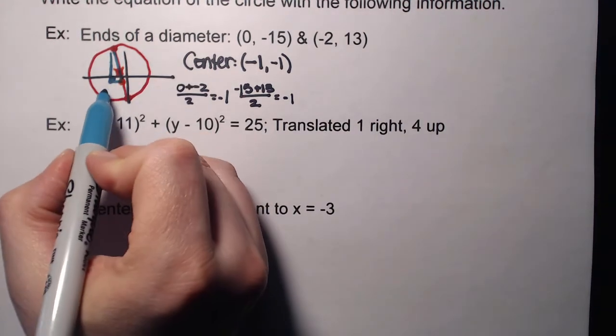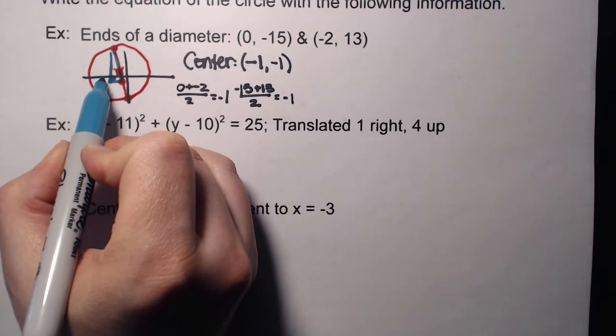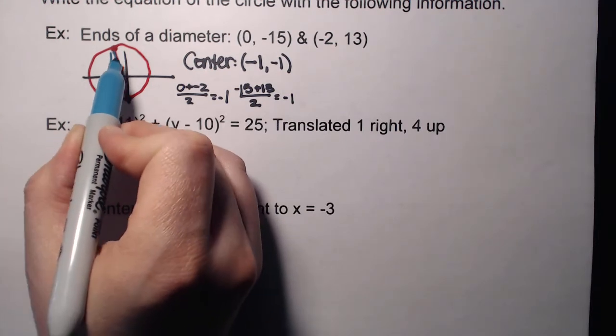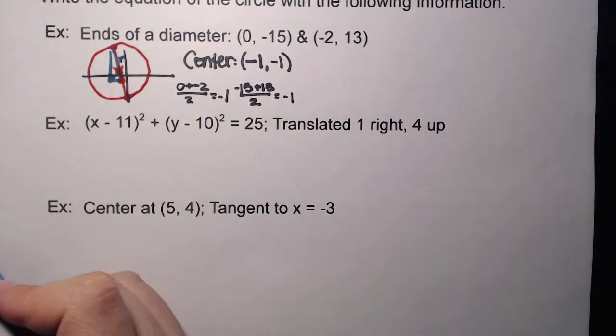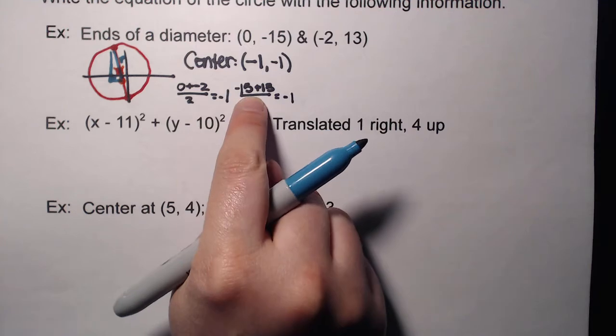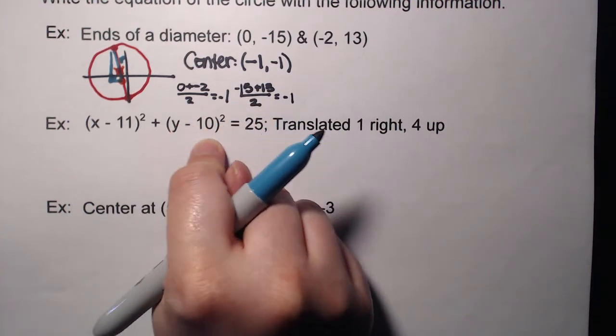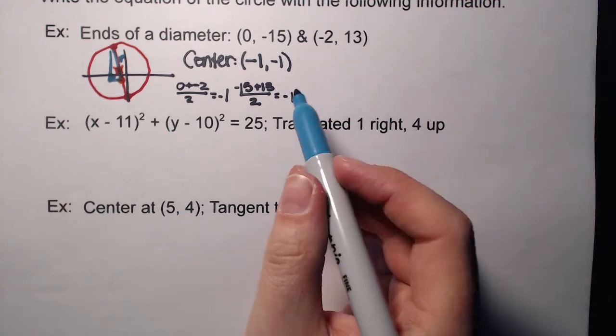So I'm going to find the distance for the x values, the distance for the y values, and then do the Pythagorean theorem to find the hypotenuse, or in this case, the radius. I was going to mention, finding the center is just the midpoint formula. So go ahead and look that up if you want to.